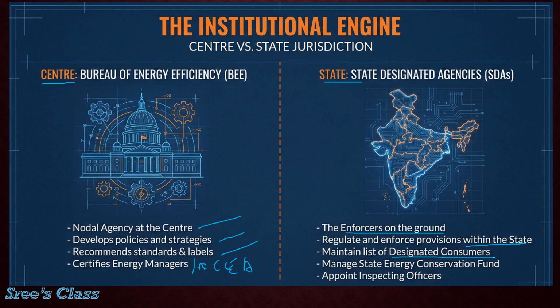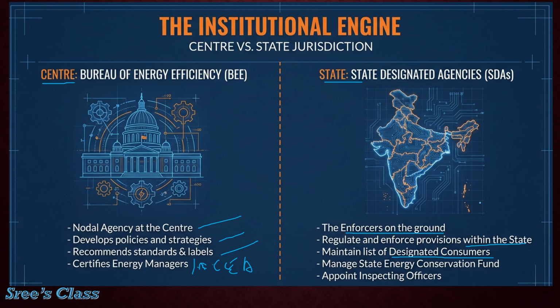For example, in Maharashtra, the state designated agency is MEDA, Maharashtra Energy Development Authority. So MEDA should have the complete list of designated consumers in Maharashtra.